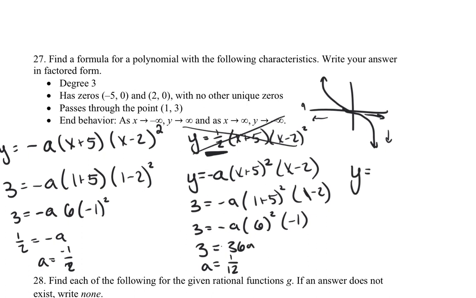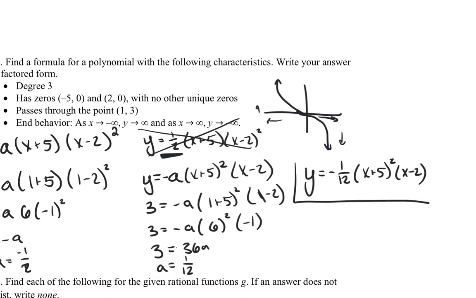And so that means we get a final equation of negative 1/12 times x plus 5 squared times x minus 2. And that meets all of our criteria.